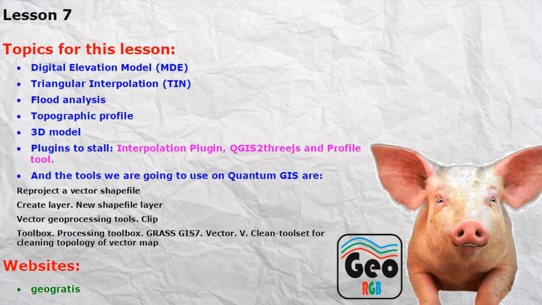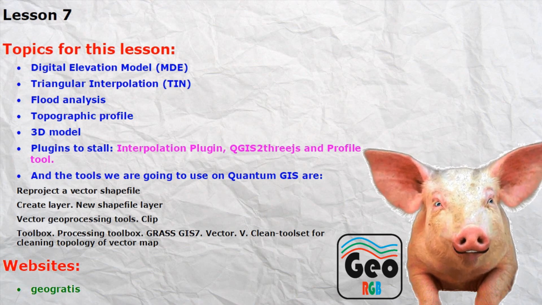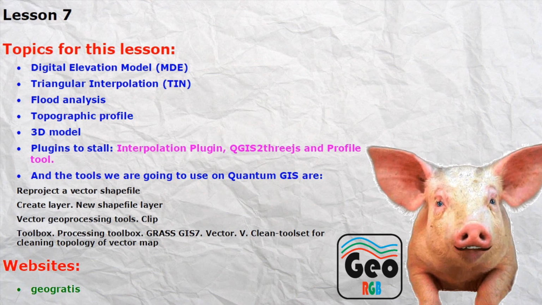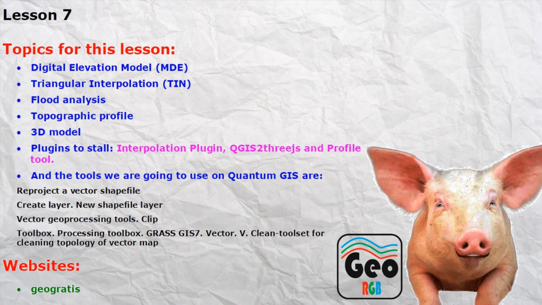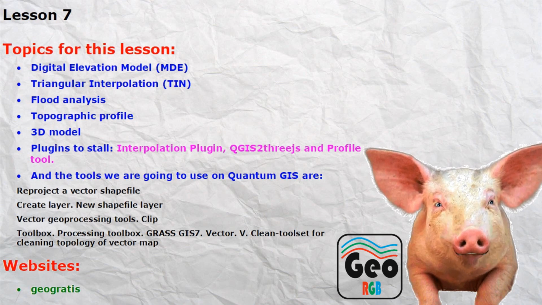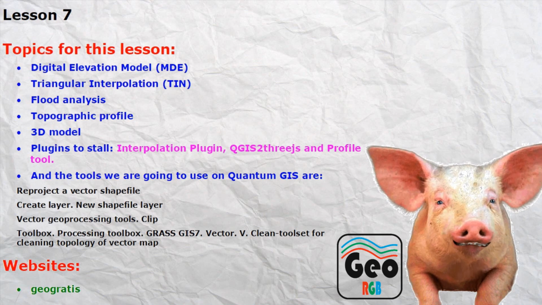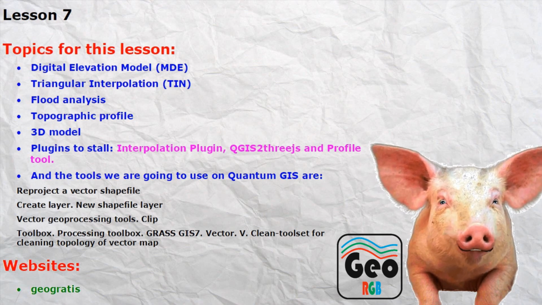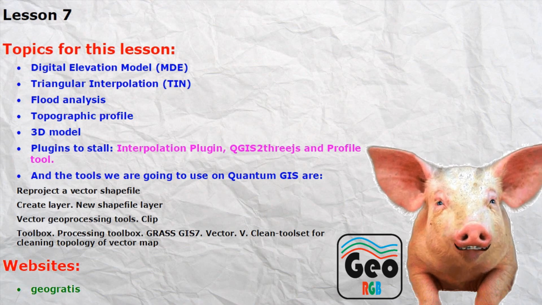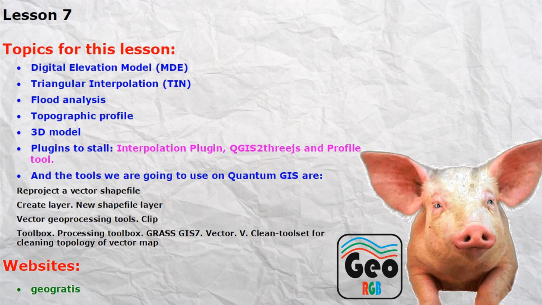And the tools we are going to use on Quantum GIS are Reproject a vector shapefile, create layer, new shapefile layer, vector, geoprocessing tools, clip, processing toolbox, GRASS GIS 7, vector, v.clean, toolset for cleaning topology of vector map. Websites we are going to visit today are Geogratis.